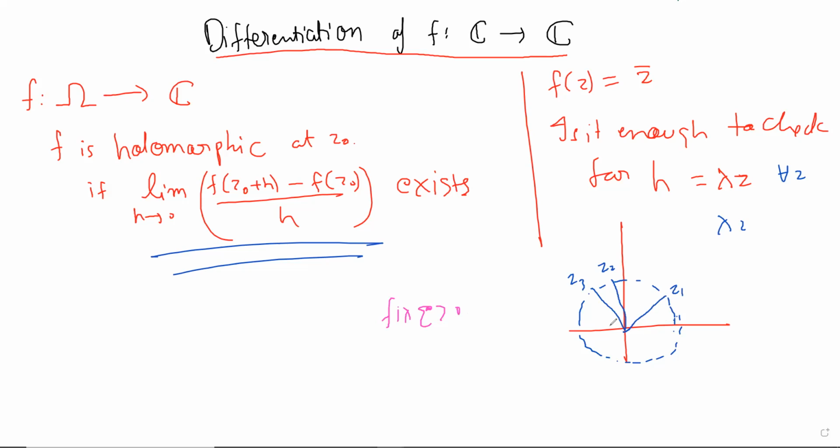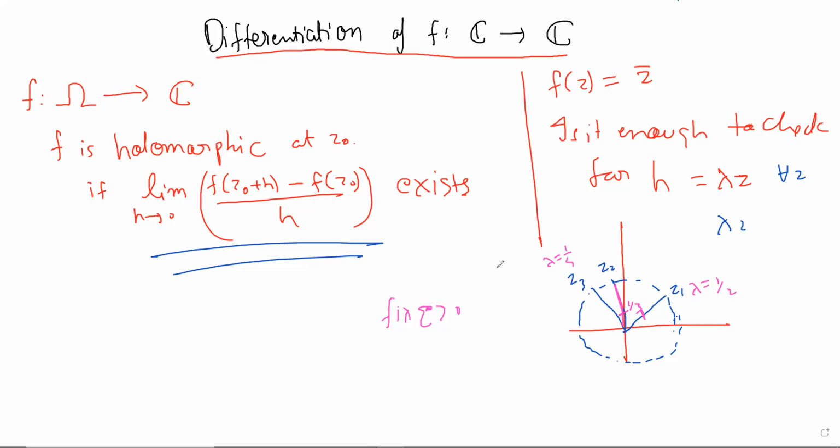Now for this z1 and this particular epsilon, you need delta to be, let's say, half, 1 by 2. And for this one, the smallest delta is, let's say, 1 by 3, and for this one, let's say the smallest delta is 1 by 4. Then you cannot find the delta.